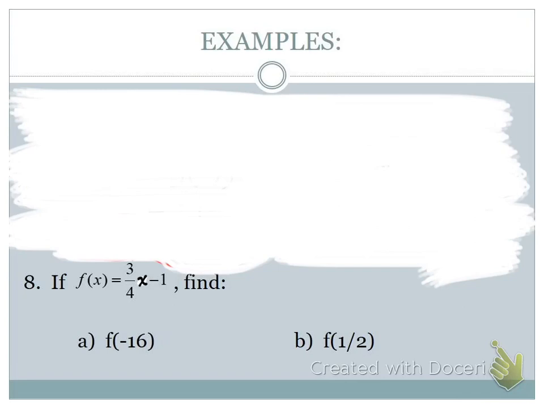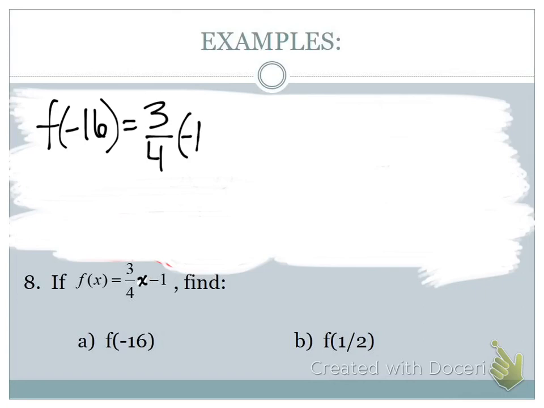8a is asking me to evaluate this new function at negative 16. So our function evaluated at negative 16. I have 3/4 times negative 16 minus 1. You can type this into the calculator to do it for you, or you can know that you're going to divide by 4 and multiply by 3 to that negative 16.